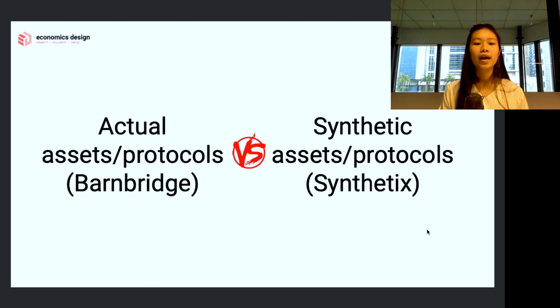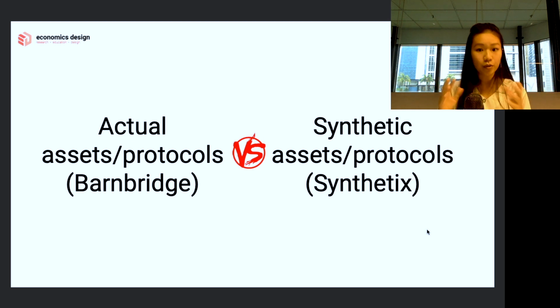Very cool. Now, what BarnBridge does is that instead of synthetic assets, they're investing the actual money and capital into these real assets and protocols. For example, with Synthetix, you can have, let's say, a synthetic DeFi product.